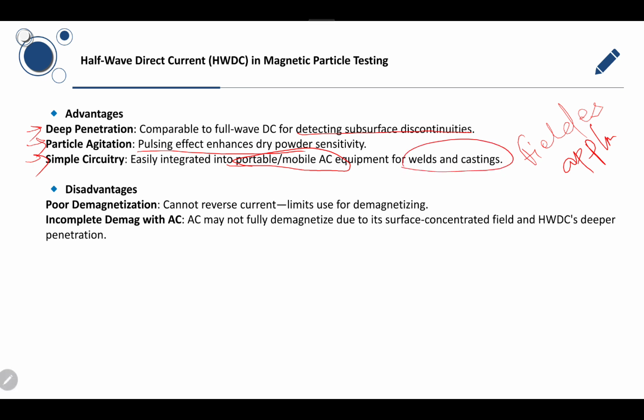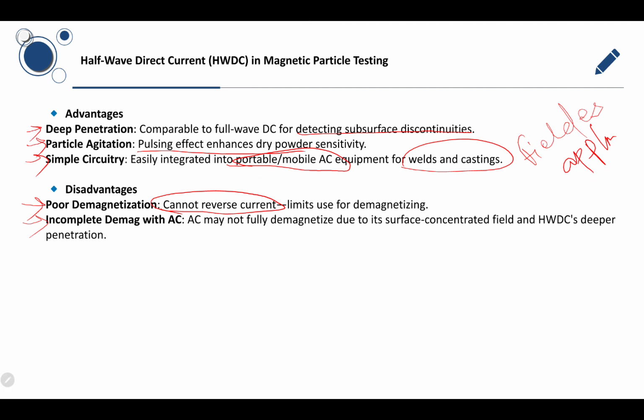Next is disadvantages. Poor demagnetization. Half wave DC cannot reverse the current, which limits its use for demagnetizing the part after inspection. You would typically need another method. Next one is incomplete demagnetization with AC.